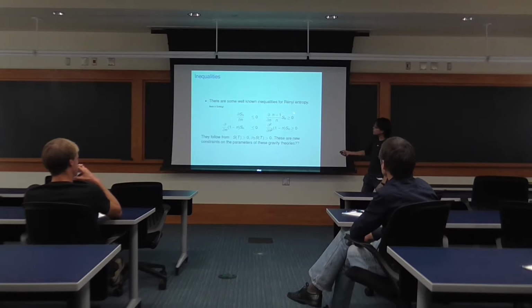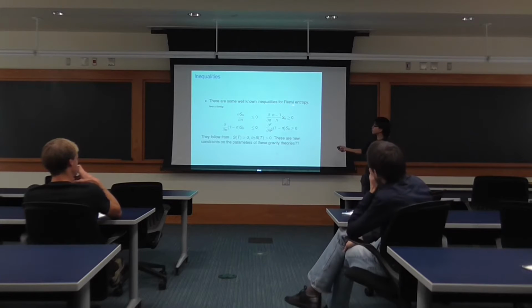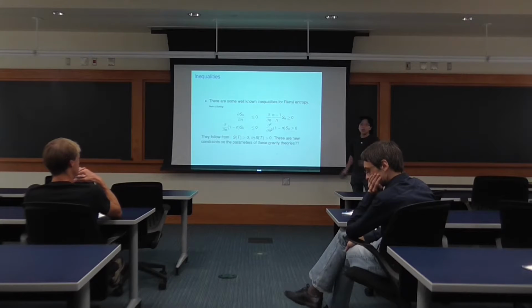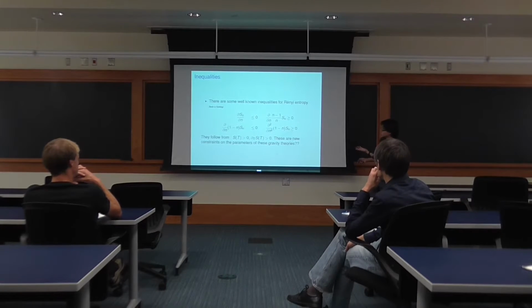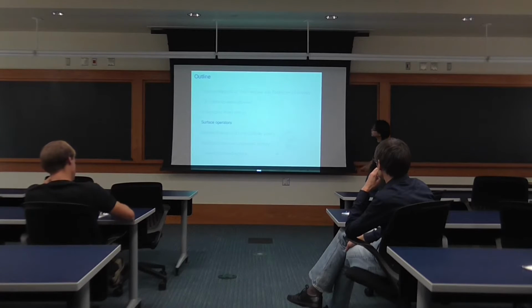But there are some well-known inequalities that are known to be satisfied by the Rényi entropy in the literature. And from the point of view of these black holes, it becomes very natural because they simply follow from the fact that the black hole entropy is positive and heat capacity is positive. So this is one nice feature of our computation.